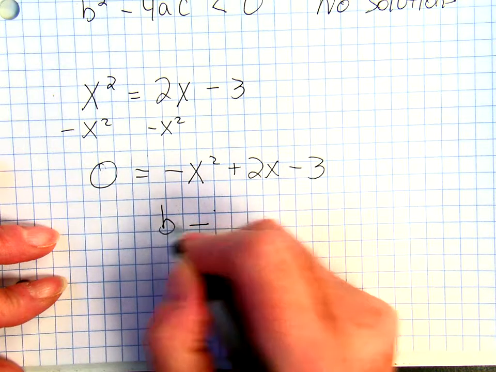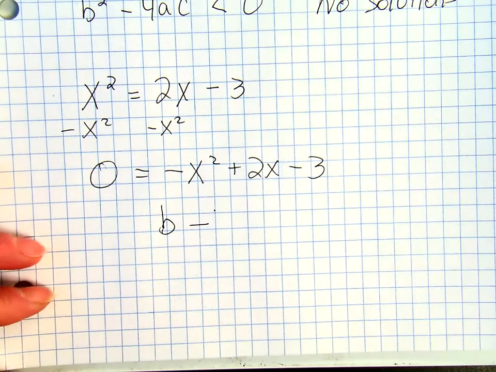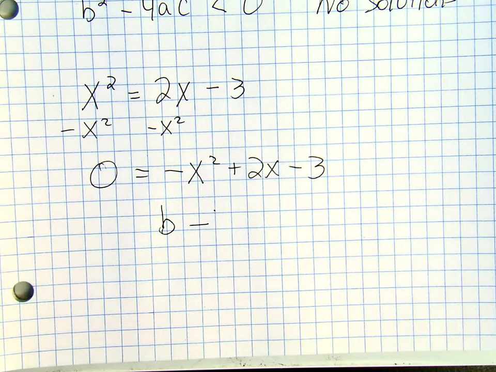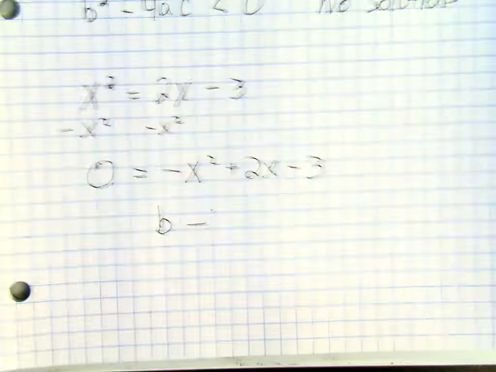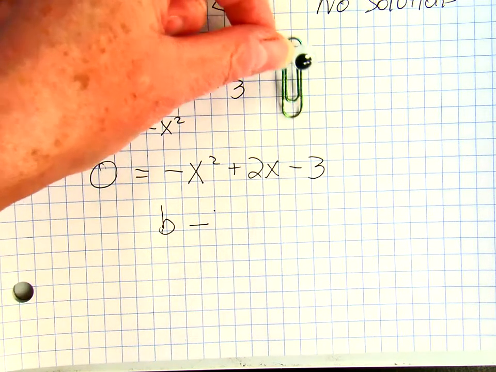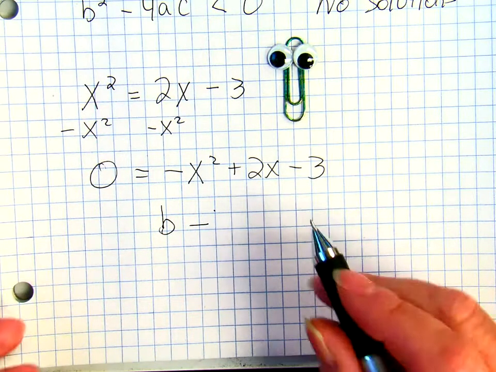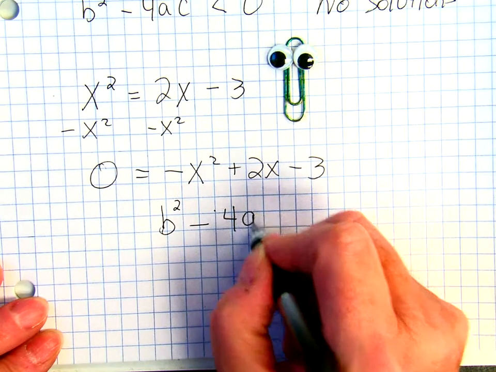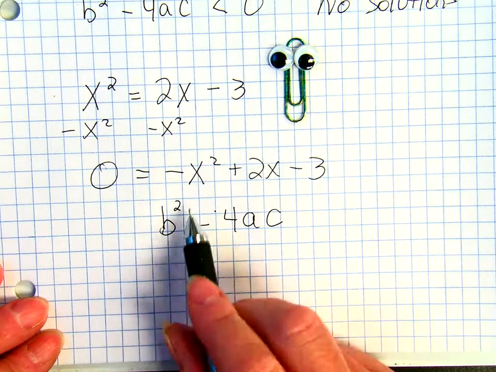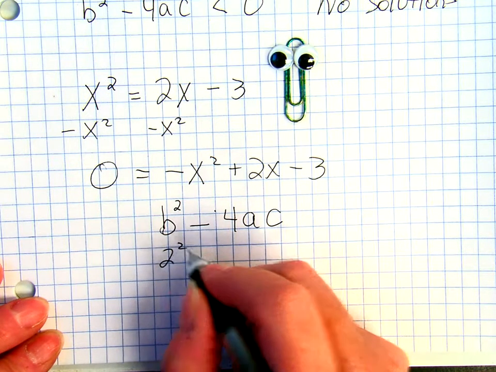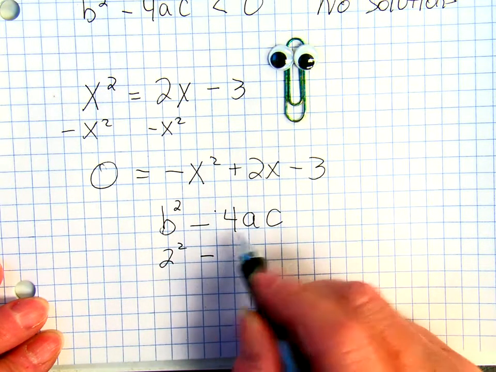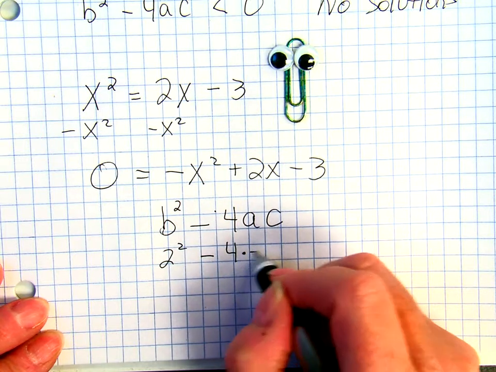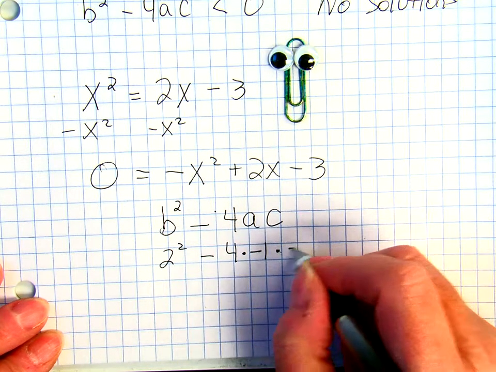b squared. I really need to have somebody watching me, so we should get Mr. Googly Eyes out and make sure that he is watching over what I do, because Lord knows I'm making some mistakes. So b squared minus 4ac, and we will put in b squared, which is going to be 2 squared minus 4 times negative 1 times negative 3.